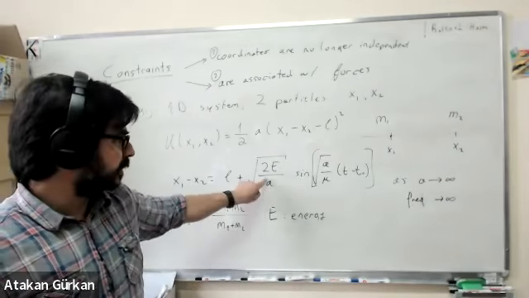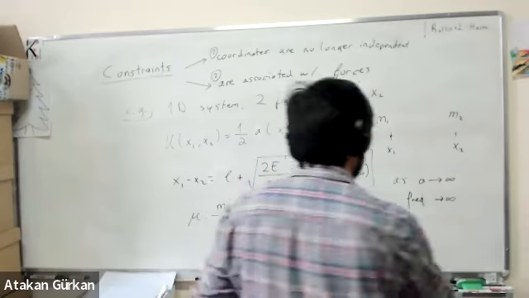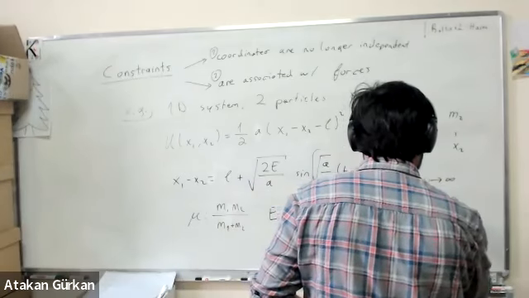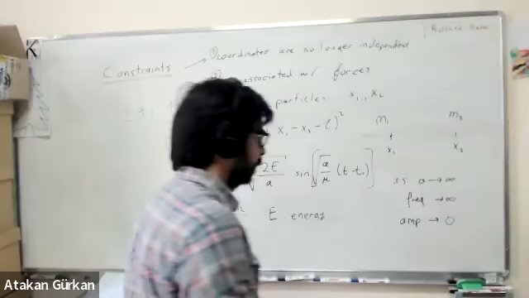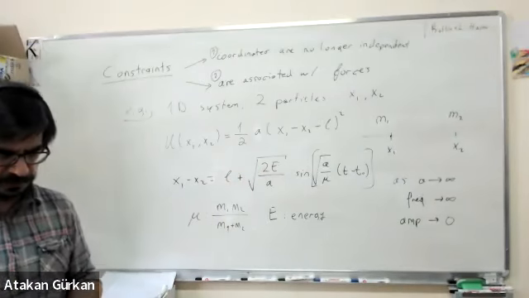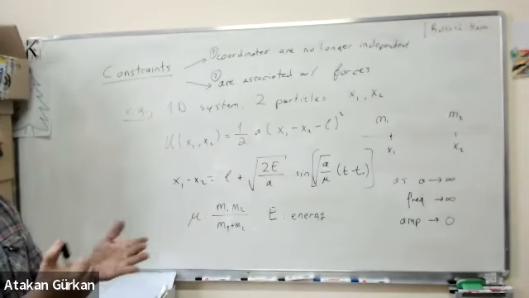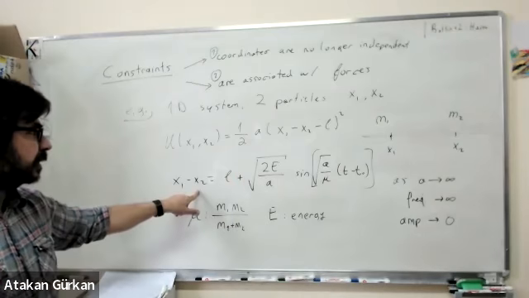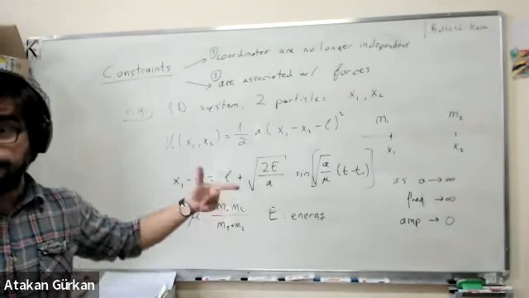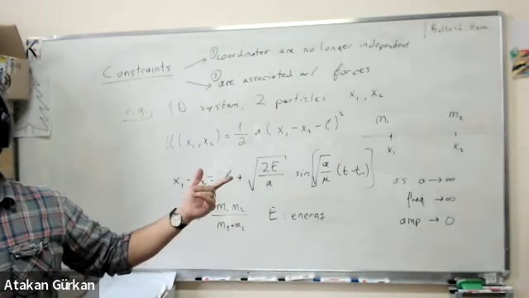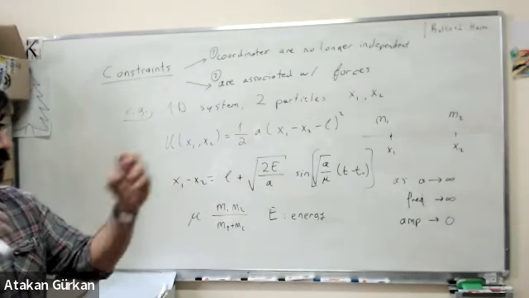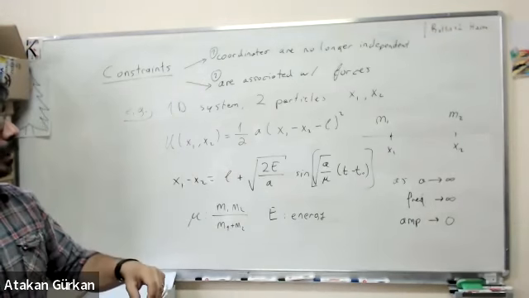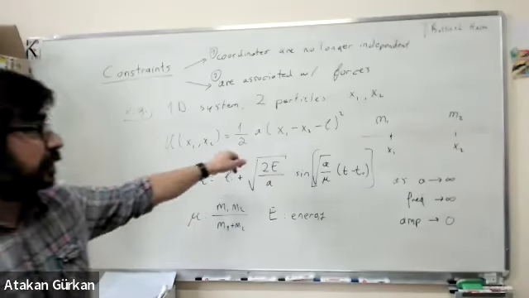Right? Here A is in the denominator. The amplitude is going to go to 0. It's a little bit troublesome, perhaps, that the frequency is going to infinity, but the amplitude is going to die, which means that this is going to be fixed at L, and that's your constraint. So if you want to just get two particles fixed at a distance, this is what you can do.